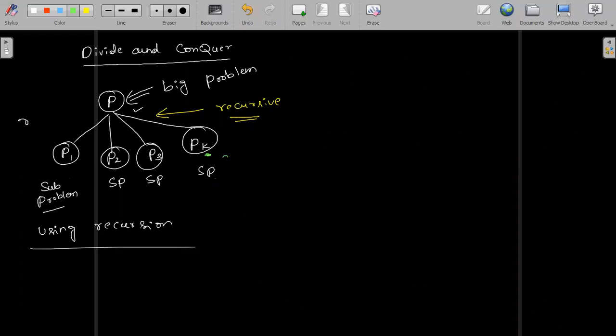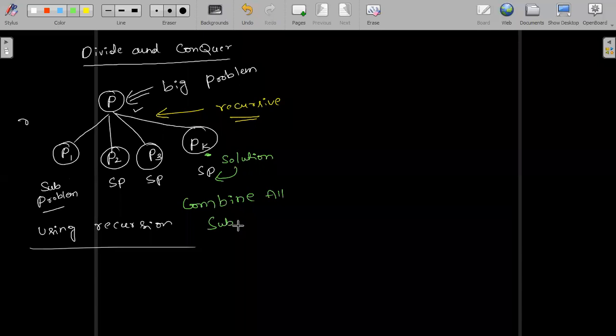If I get the solution for this sub problem, what will I do? Finally, I am going to combine all the sub problems together. Okay, all sub problems will be combined together.